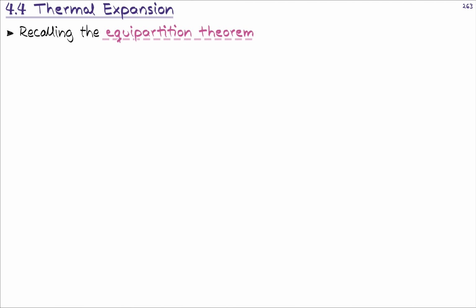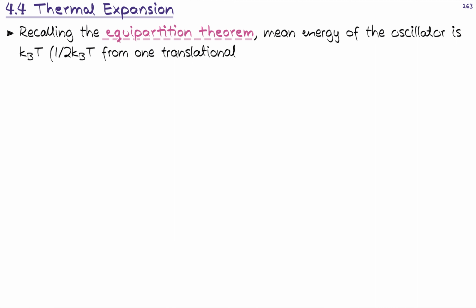take place. So let's start by recalling the equipartition theorem, because that gives us the understanding of what happens when we increase the temperature. The equipartition theorem says that the mean energy of our oscillator, considering a one-dimensional oscillator, will be k_B T. Please recall from the equipartition theorem that we get 1/2 k_B T of energy per each degree of freedom.